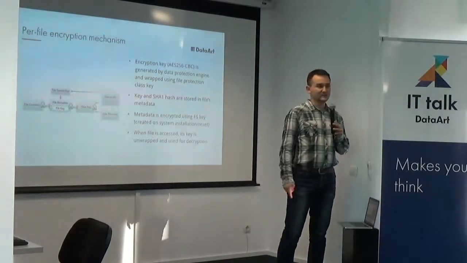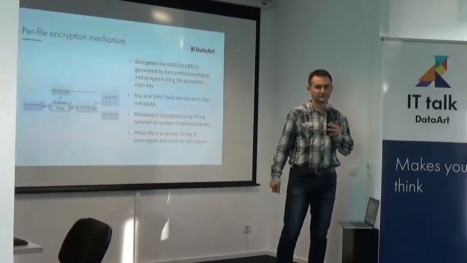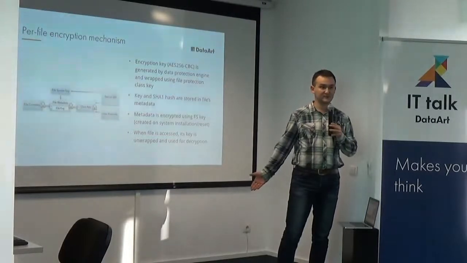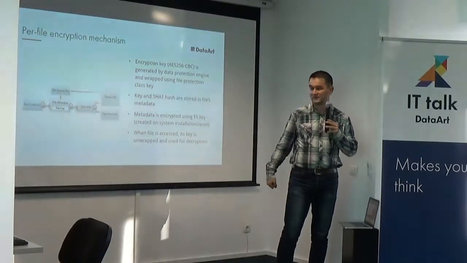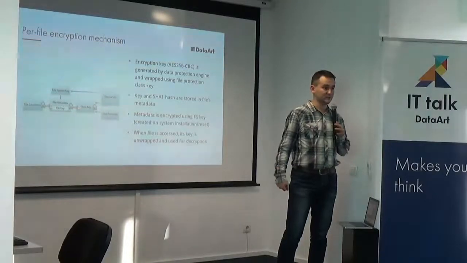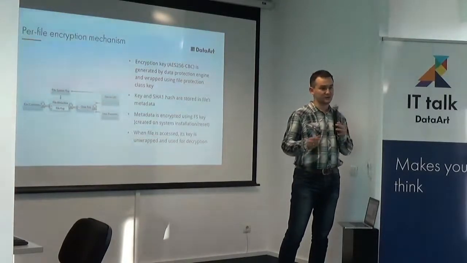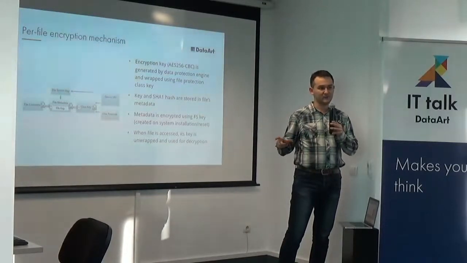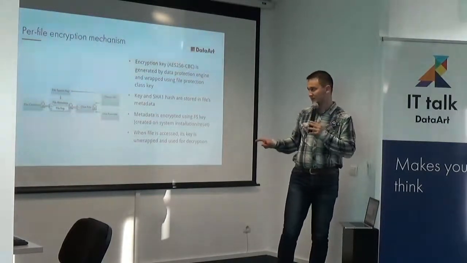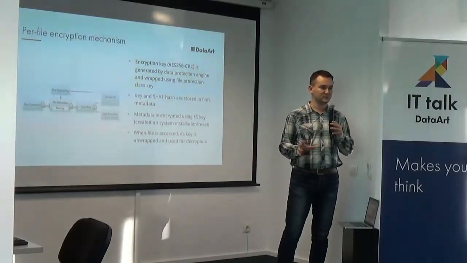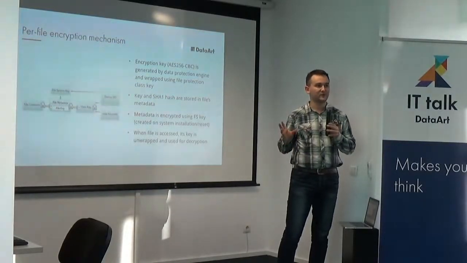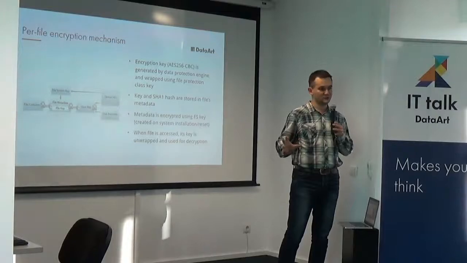However, class keys can be easily viewed on jailbroken devices unless you have set a strong passcode. So as you can see, the quality of the passcode affects the quality of the file system encryption keys. Once you've set a weak passcode, you have a weak level of protection of your files. If you have set a strong passcode, then your data is sufficiently secured.